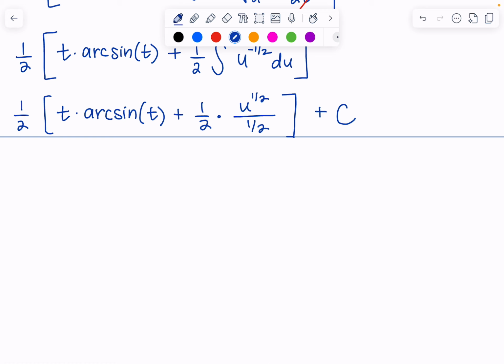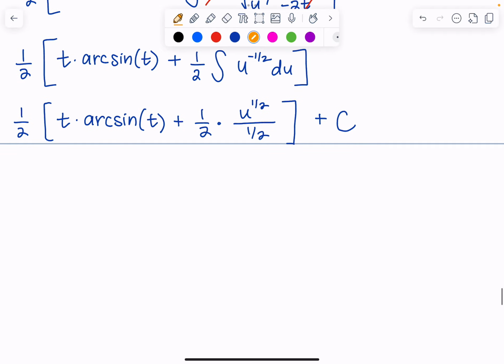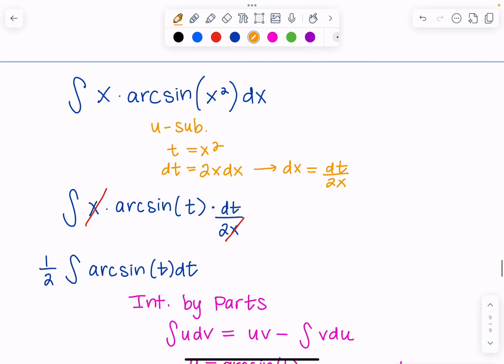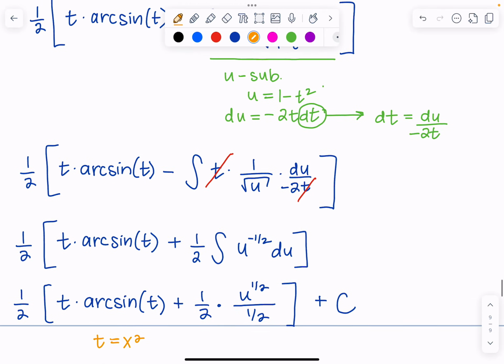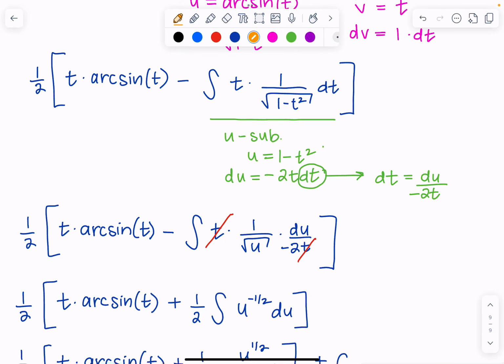Now I just need to clean this up. I'm going to do a couple of things. I'm going to substitute t back in. Way back at the beginning, we can see that t was equal to x squared. So I'm going to substitute t back in. I'm also going to substitute u in. And we just did that in green here. U was equal to 1 minus t squared.